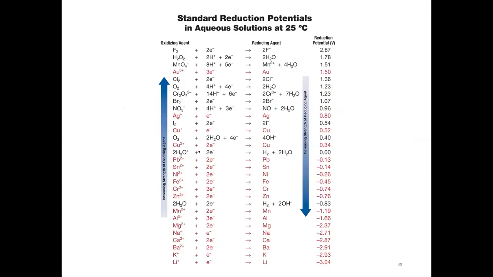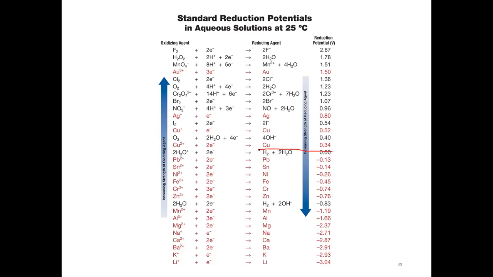So this is the table we are interested in. All the values have been referenced to hydrogen. The potential difference is 0 for hydrogen, and we move from there.